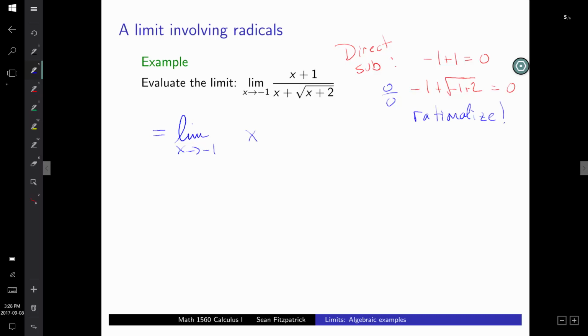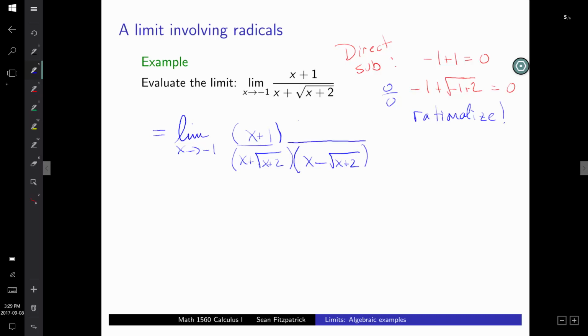Well, you take what you have to begin with, and you multiply top and bottom by what you had on the bottom, but you change the sign in front of the radical. So that x plus root x plus 2 becomes x minus root x plus 2.